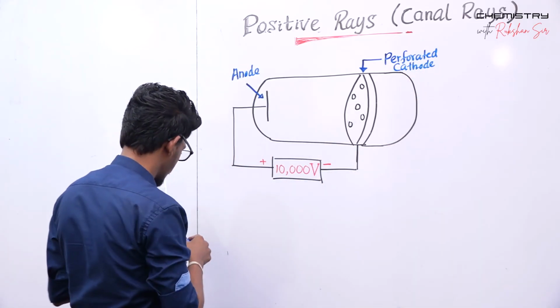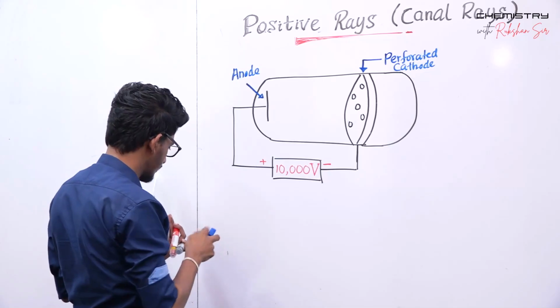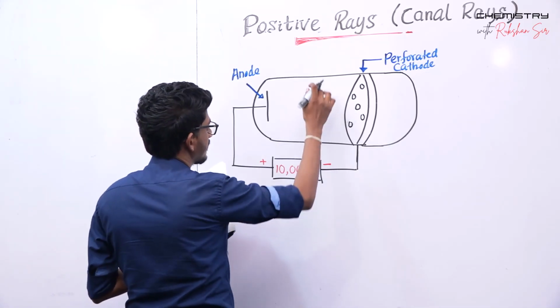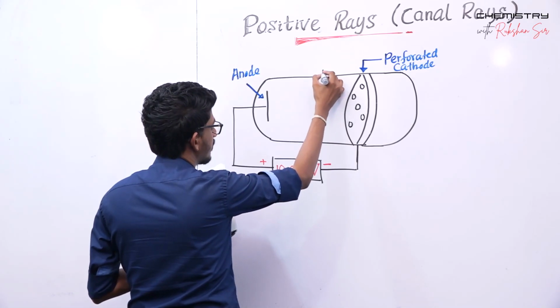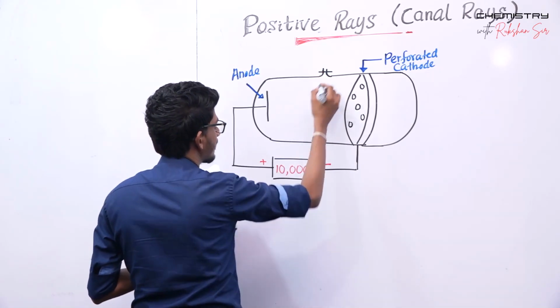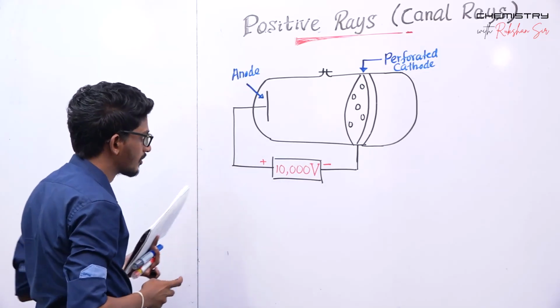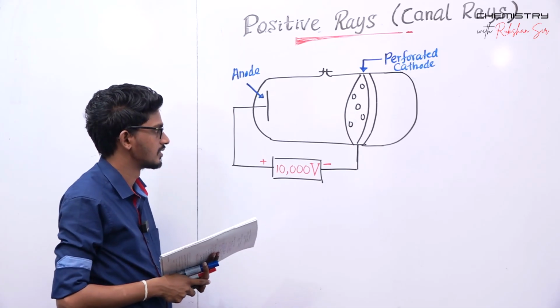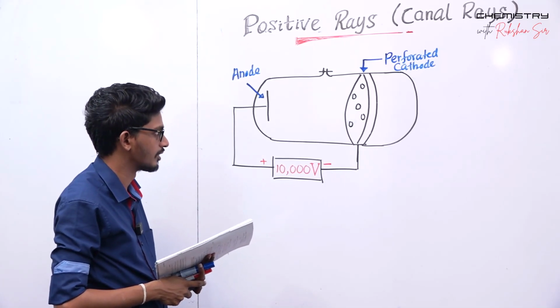And there was a vacuum, with some pump to release gases from it. This was the setup used by Eugen Goldstein to observe the positive rays.